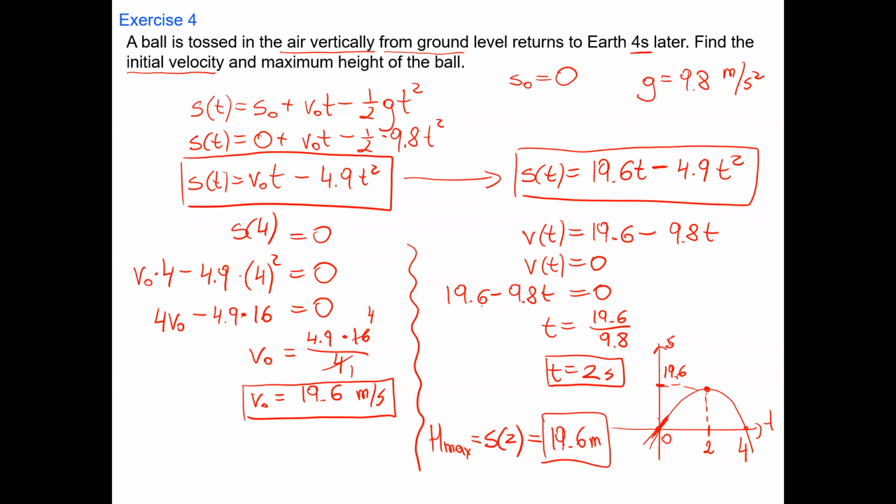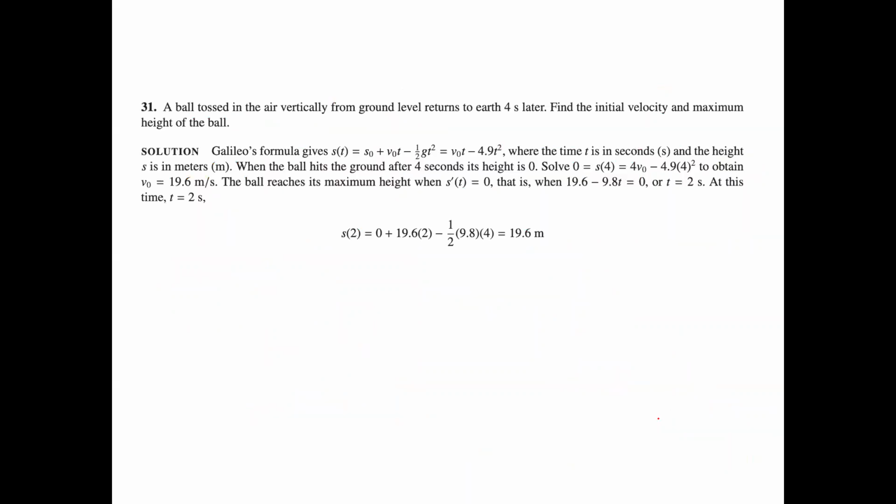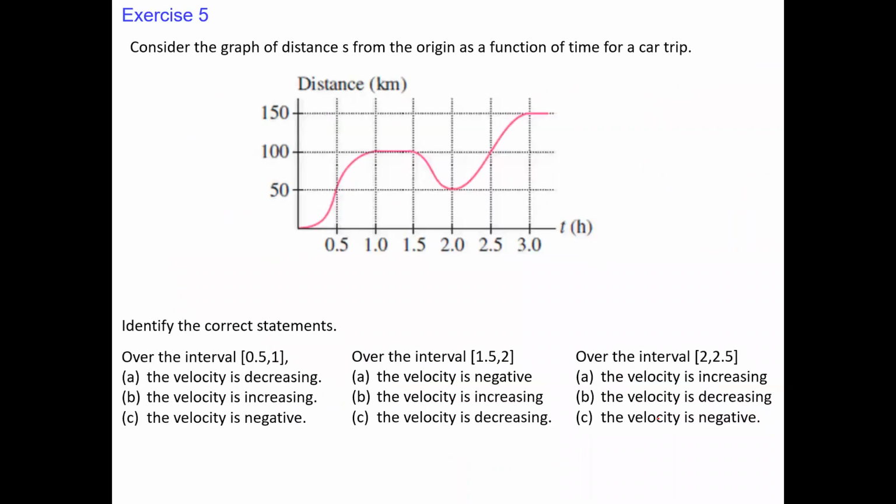Okay, that's interesting. Yes, we practiced Galileo's equations, and I have one more question and we will be done. Just answer which statement is true. Just kind of finalize the speeding up, slowing down, but with respect to the velocity: decreasing, increasing, negative, positive.